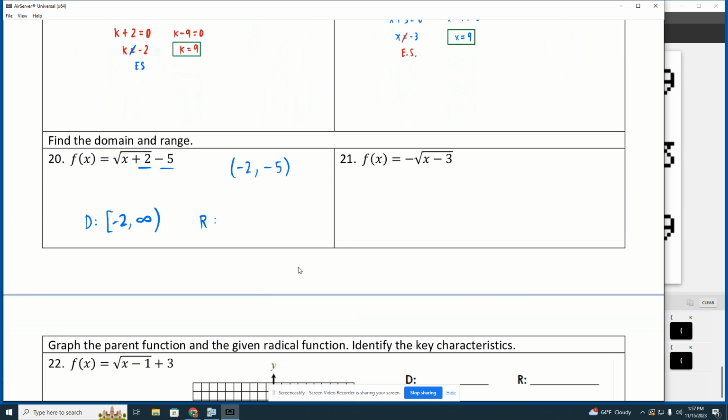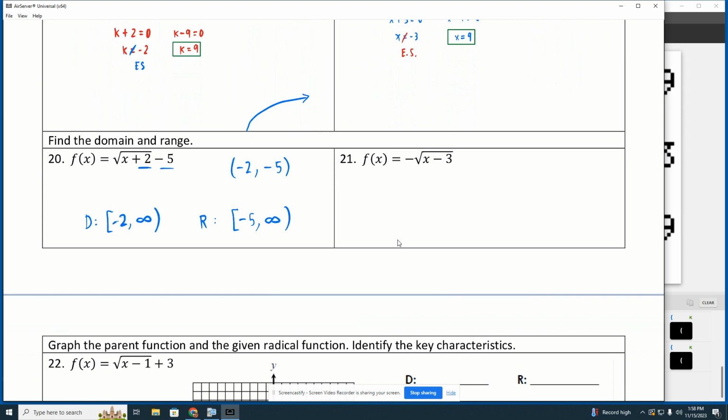So at -2, -5, it's opened up like this. So it's going up forever, but it cannot go below -5. It'll go up forever. So sketch it. Make sure you know what it looks like, and that should help you when solving.